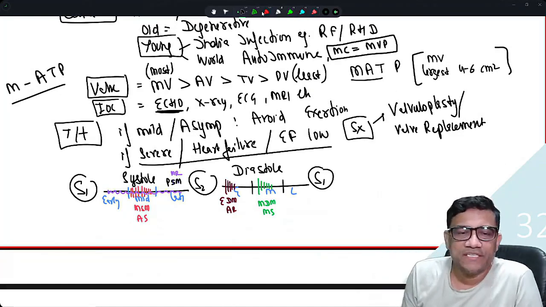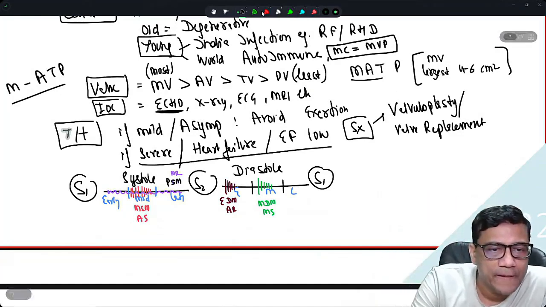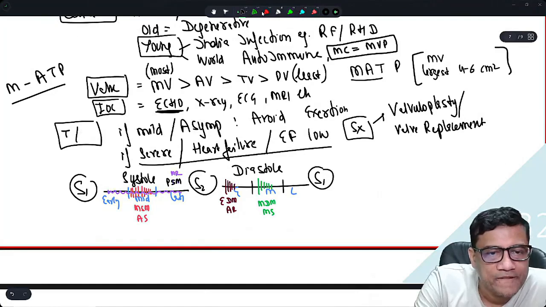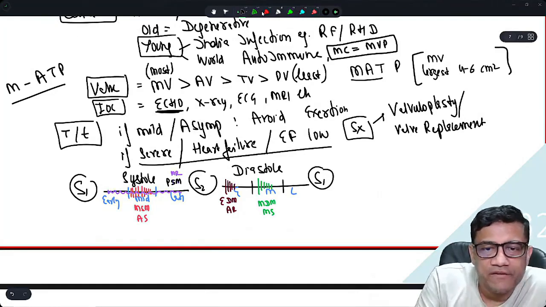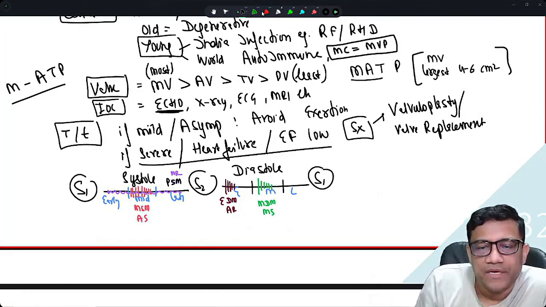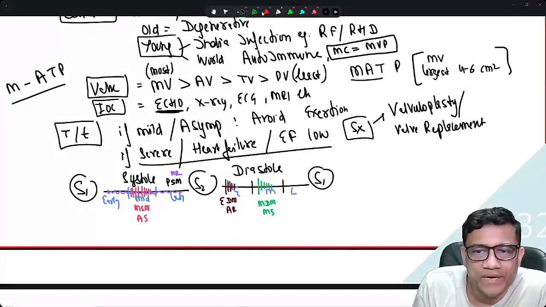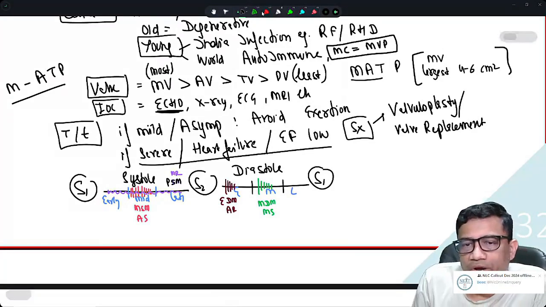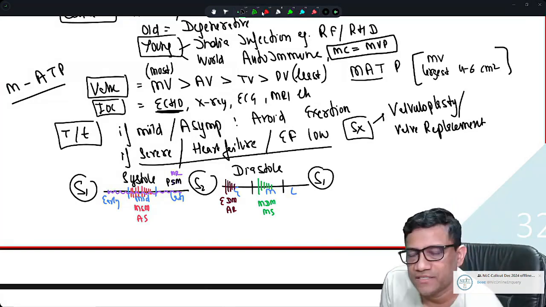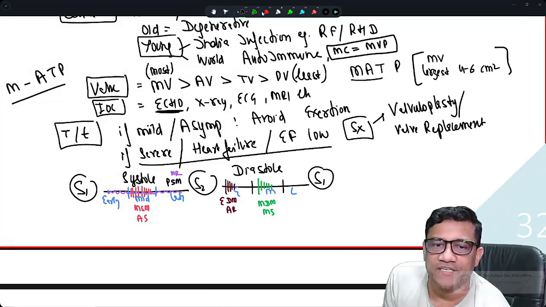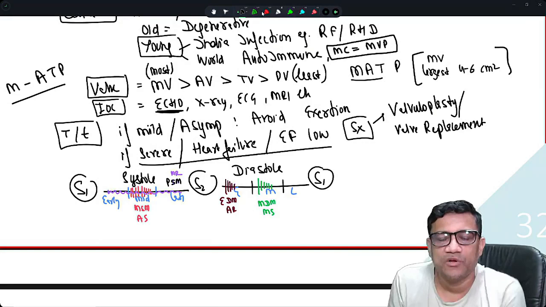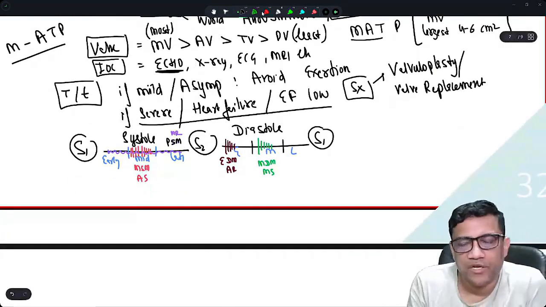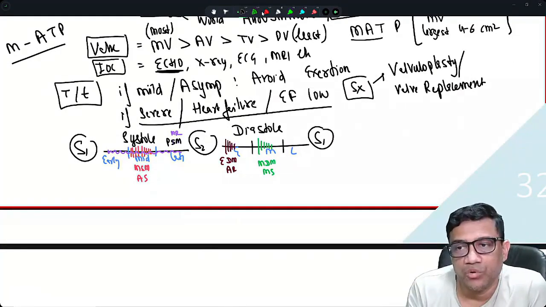Now, let's see the treatment part. If it is mild, asymptomatic, my suggestion is avoid what? Avoid exertion. Then if it is severe, or there is heart failure, or ejection fraction is low, then we will do surgery.